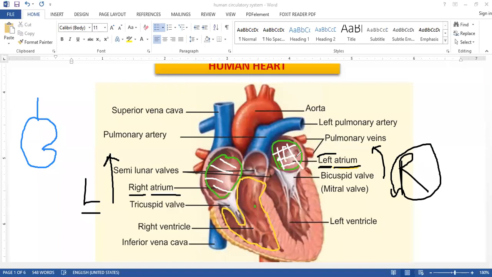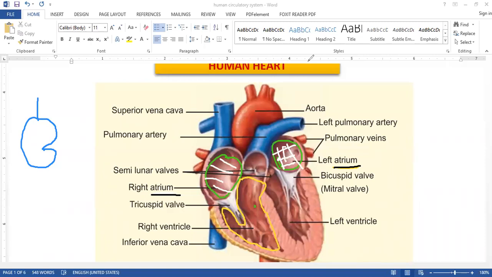So there are 4 chambers, right? Okay, I can draw here.